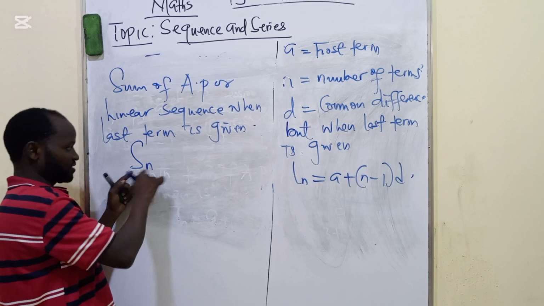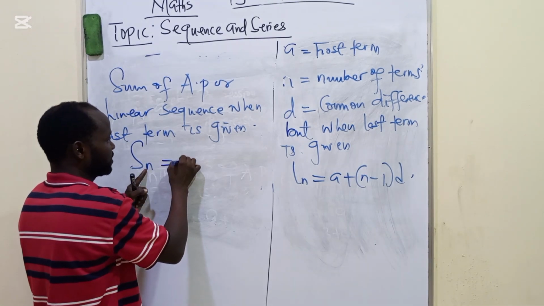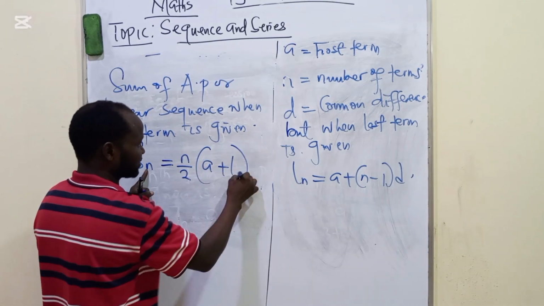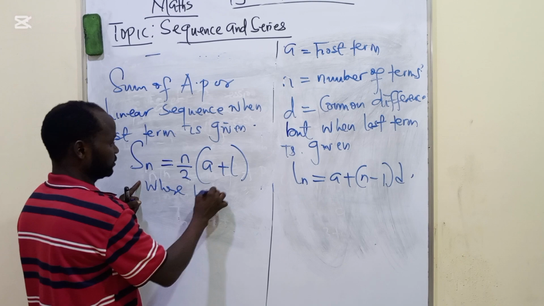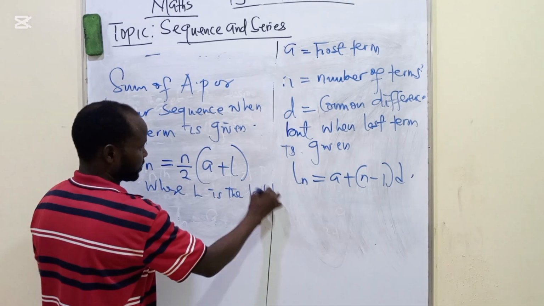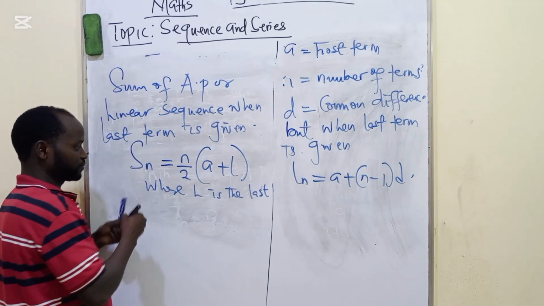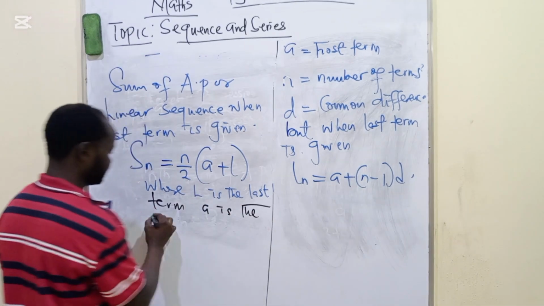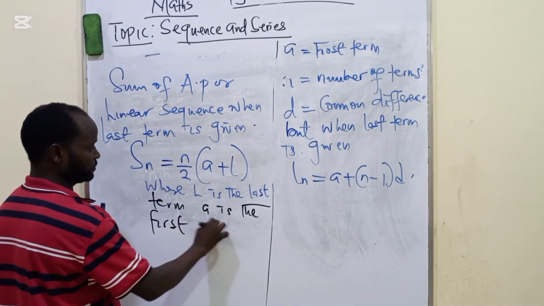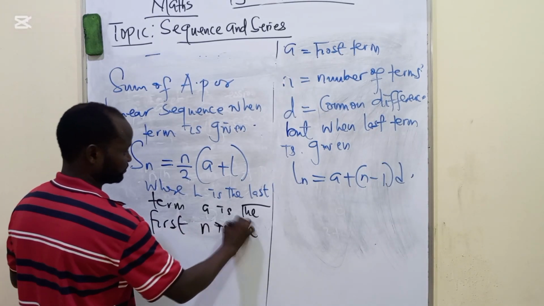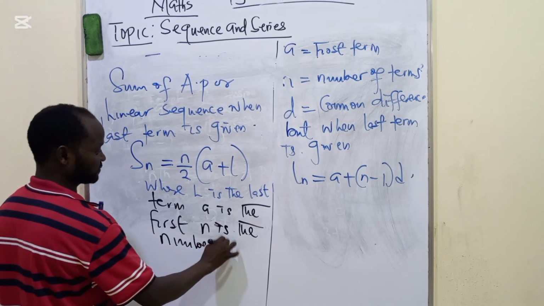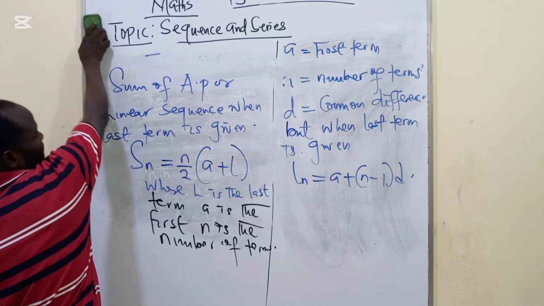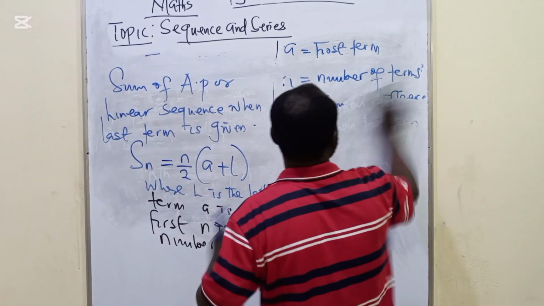The sum, S subscript N means sum, it will be the number of terms divided by 2, bracket open, first term plus the last term, where L represents the last term, very important, and A is the first term, N is the number of terms. Very important. This is another formula, very important as far as AP is concerned.